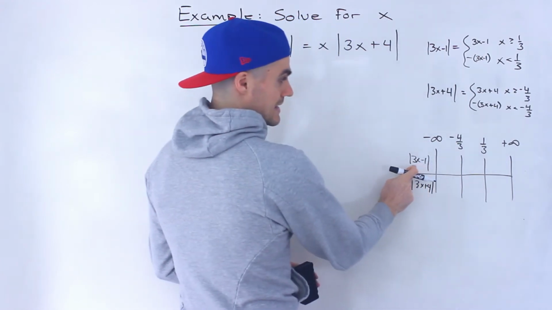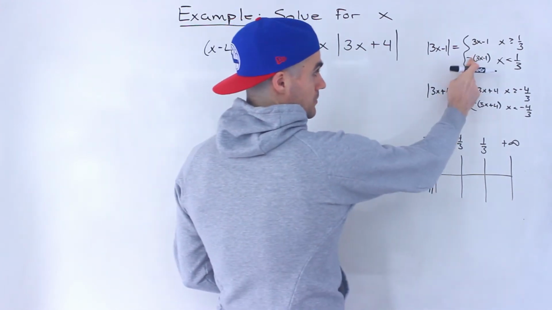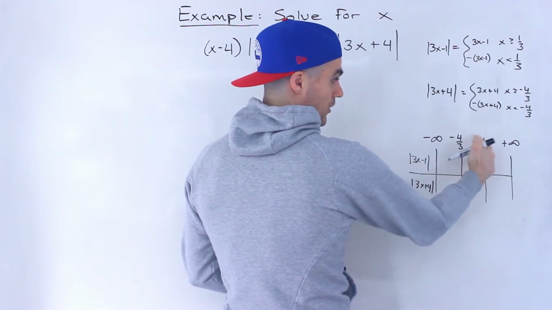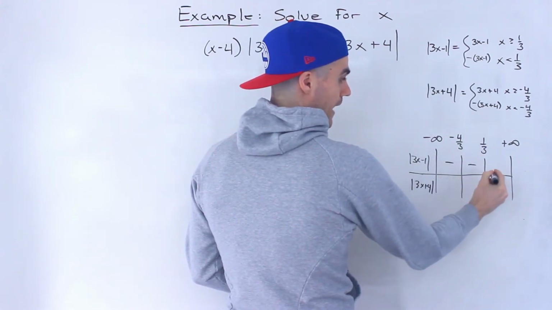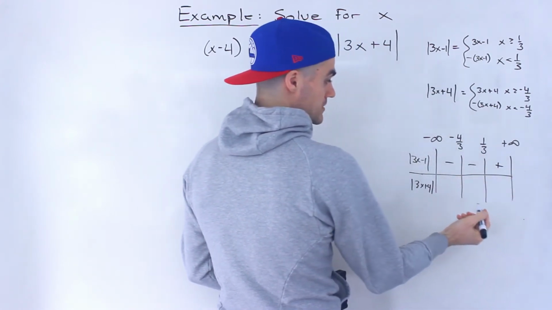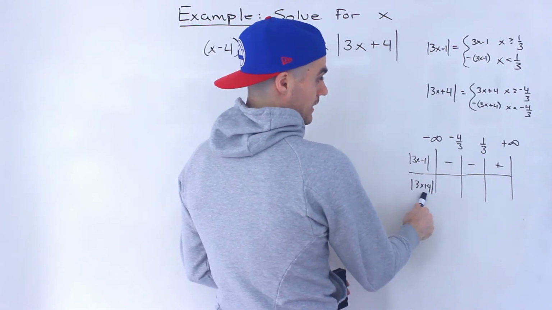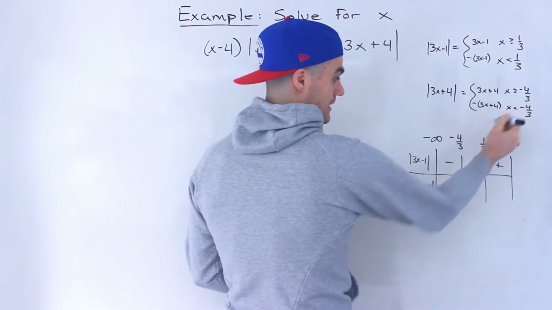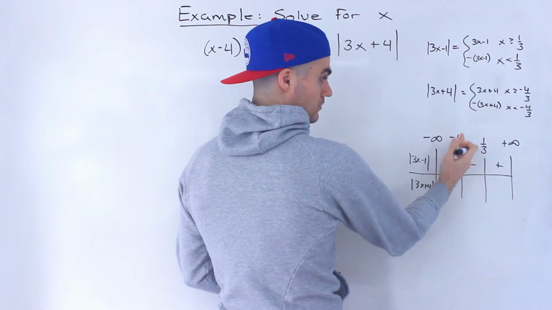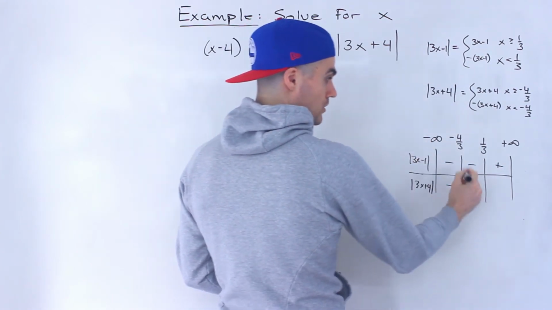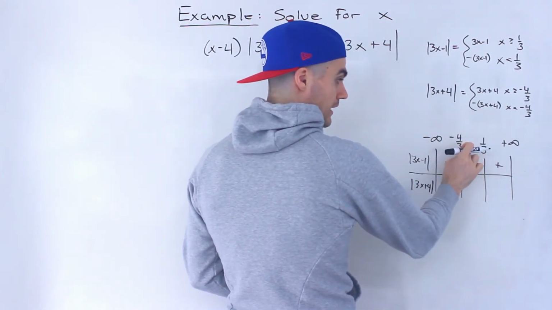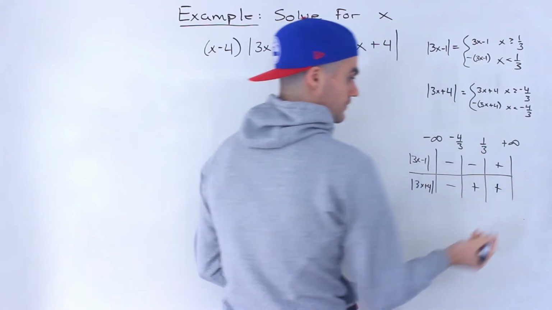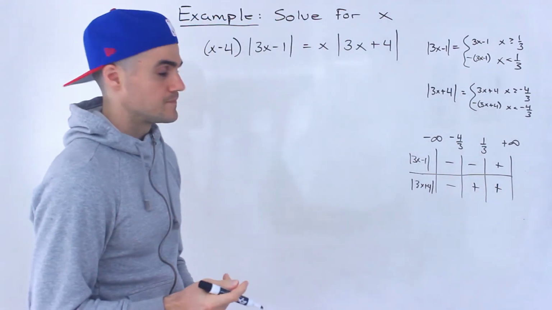Notice that the first is going to be negative when x is less than 1 over 3, so in this interval and that interval, and then here it's going to be positive. And the second is going to be negative when x is less than negative 4 over 3, so in this interval. Then when it's greater than negative 4 over 3, it's going to be positive, and then positive, like that.